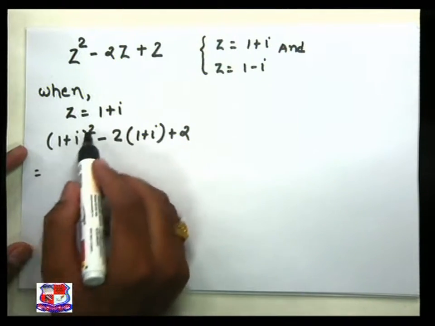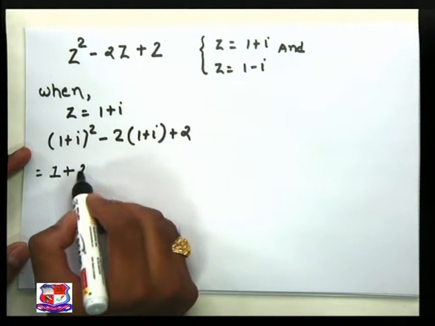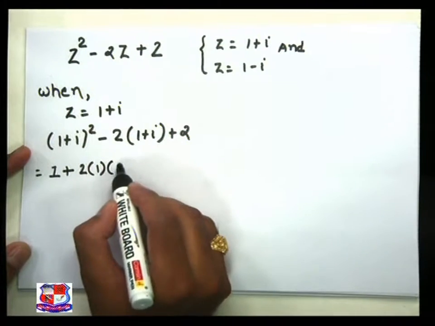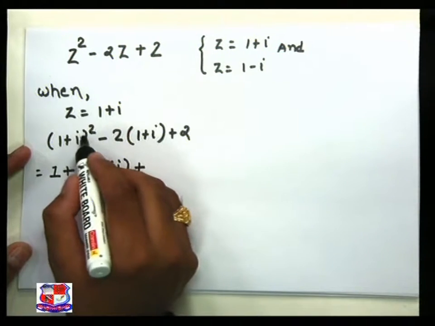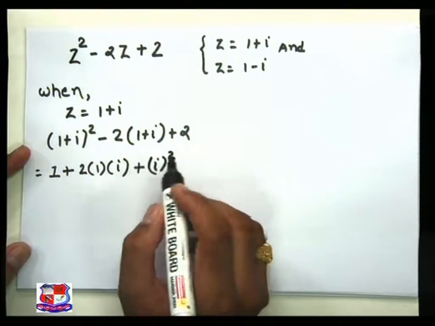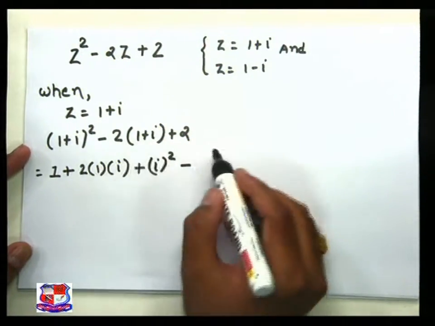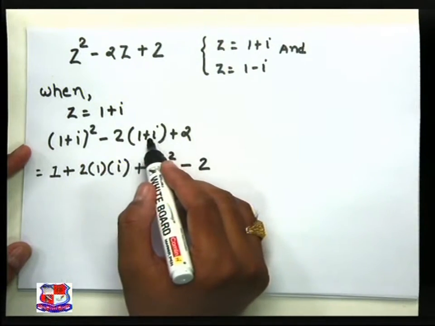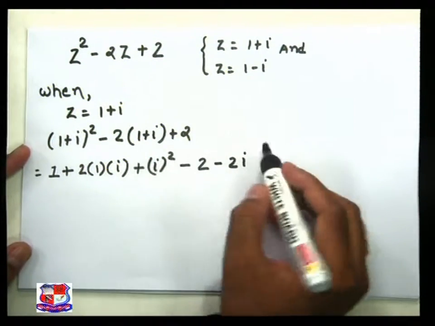So 1 square is 1, plus 2 into 1 into i, plus the second term square, that is i square, minus 2 into 1, that is minus 2, minus 2 into plus i, that is minus 2i, plus 2 as it is.